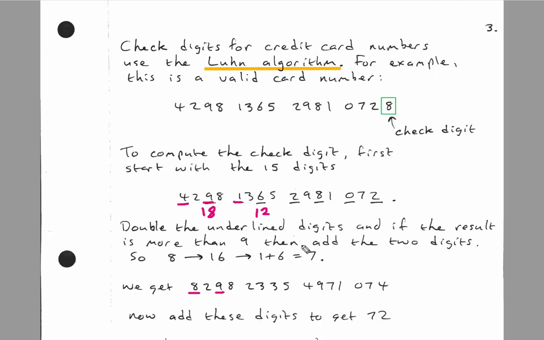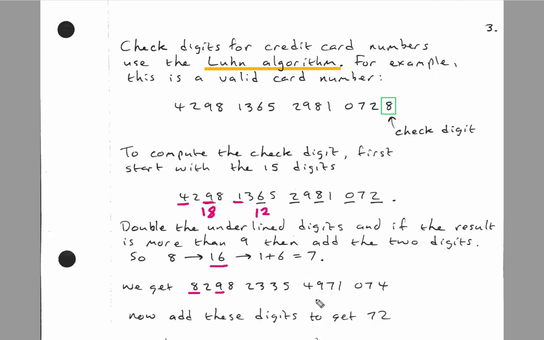All right, does that make sense? Just every other digit gets doubled. But for a number like 8, if when you do the doubling you get something bigger than 9, then look at its two digits and add those together to get a number less than or equal to 9.